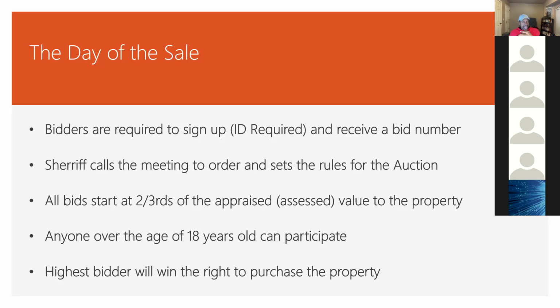So a lot of times the bank wants that property back because they feel like for whatever reason that they can get more money for it. But sometimes if you go over their reserve, they'll let you have it. You've got to beat their minimum reserve or they're not going to sell. So their reserve might be 100,000. You could offer 90 all day. They're not going to take it.